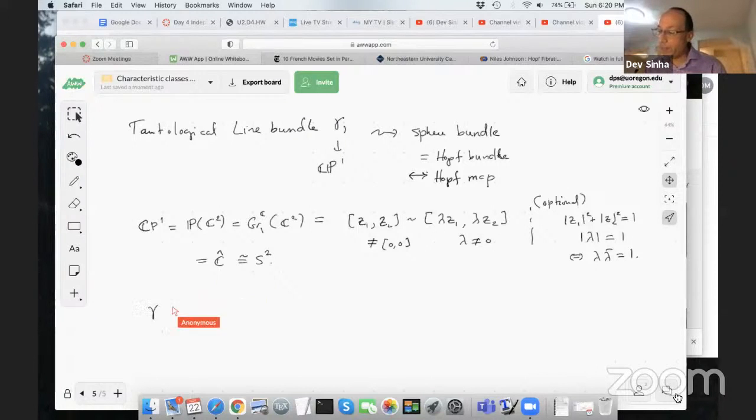And then you've got your gamma 1C, where you're going to look at pairs of a line, and then all of the points in C2 on that line. So a line in C2 and any point on that line. So we've got this inside CP1 cross C2.